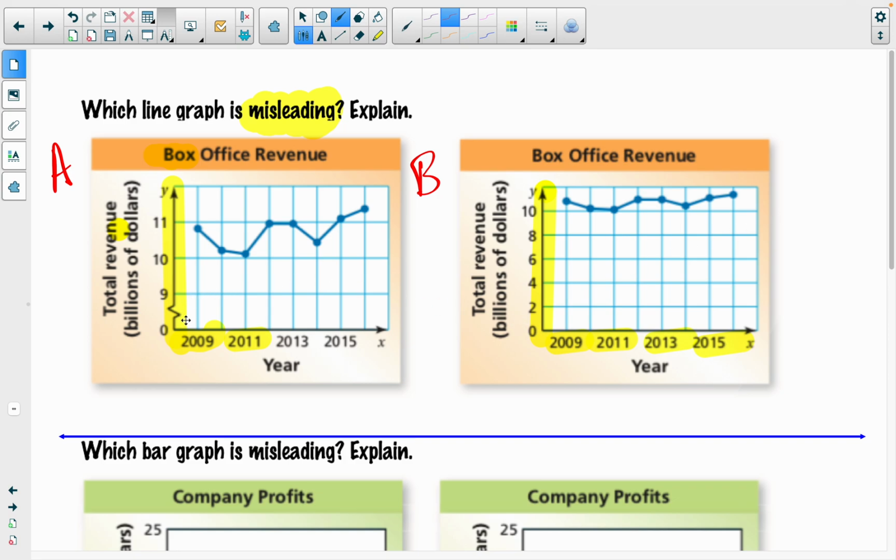So when we're looking at the two and we're trying to see which one is misleading, do you see this little broken axis right here? Because it's broken, we're starting at 9, and then we're going from 9 to 10 to 11. So we're going in intervals of $1 billion.